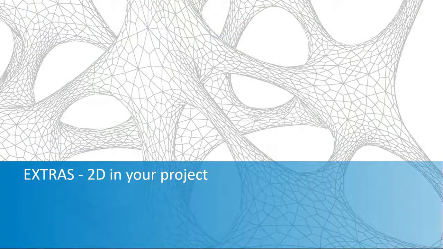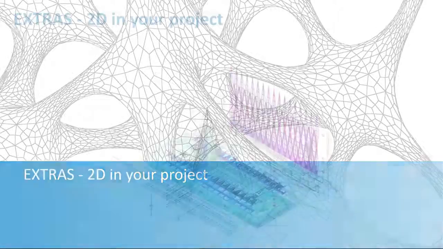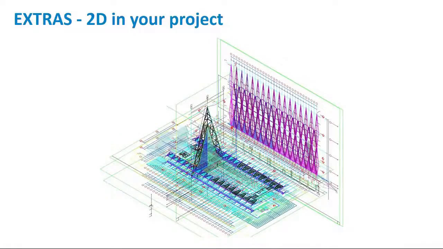So, 2D in your project. Earlier I was talking about how we work with 2D elements in the project. When I was working on the Cadet Chapel, the only drawings that we had were some legacy 2D DWGs.